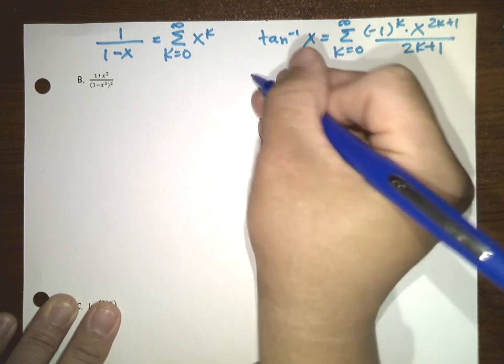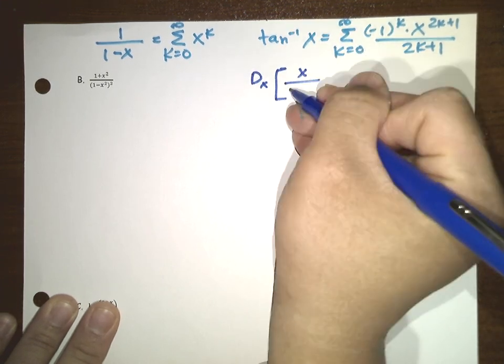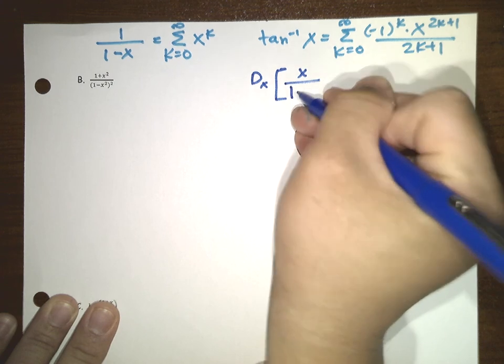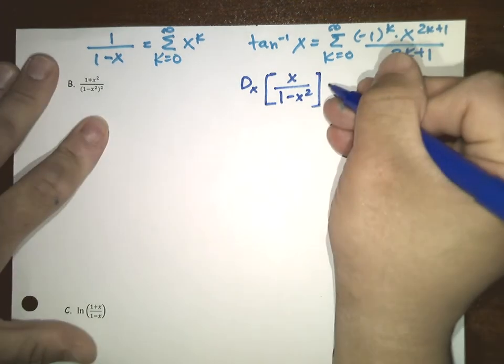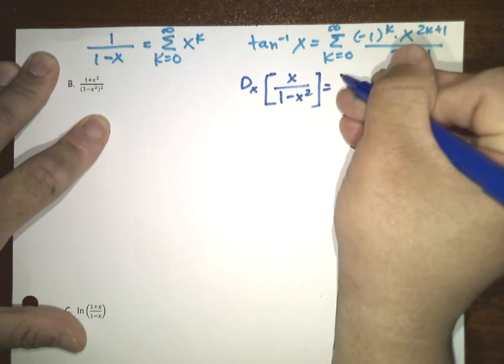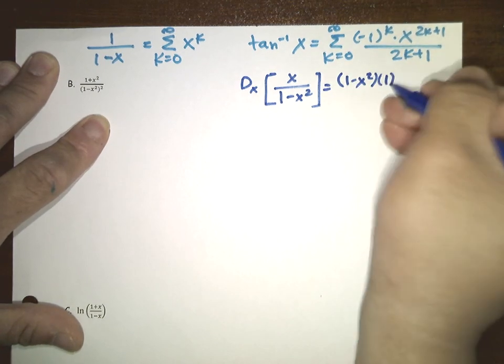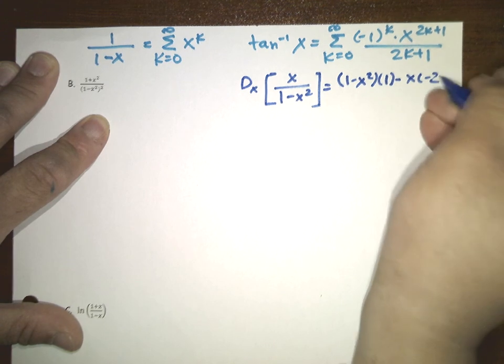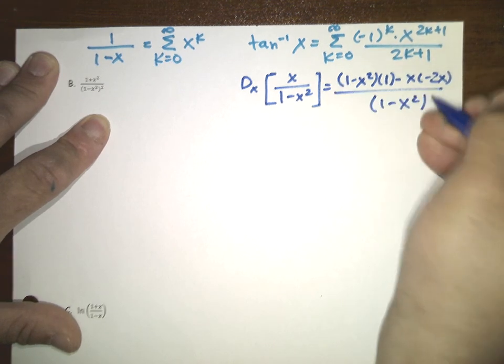So if I look at this, the derivative with respect to x of x over, say, 1 minus x squared, that's something that could be plausible. Then if I find the derivative here, that will be the 1 minus x squared times a 1 minus an x times a negative 2x, all over the 1 minus x squared, all squared.